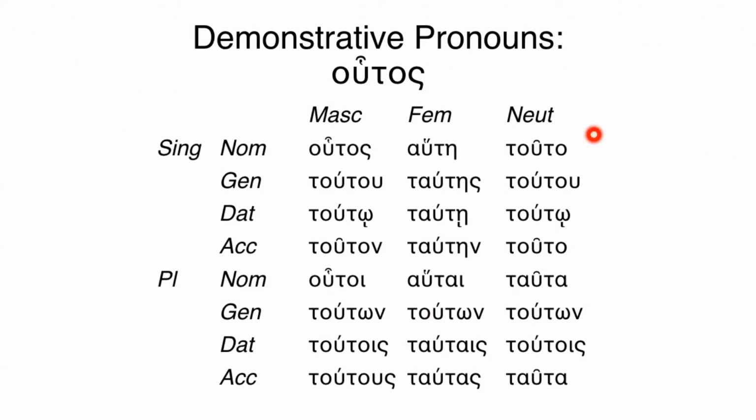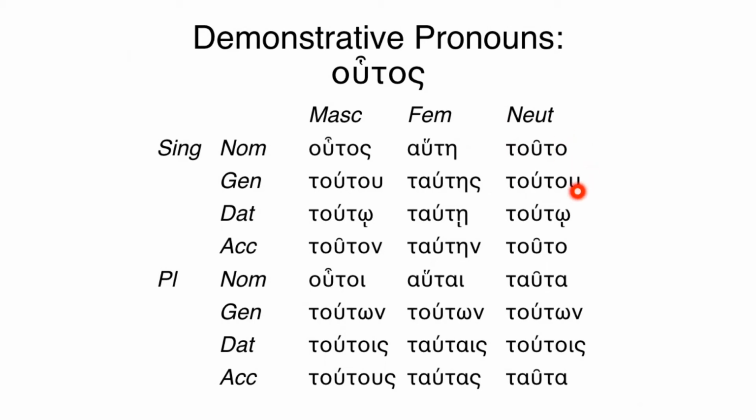Now we come to the neuter forms for houtos. The first thing to note is the tau is present in all the forms, including the nominative singular and plural forms, which do not have the tau in the masculine and feminine forms. So they're consistent all the way through.